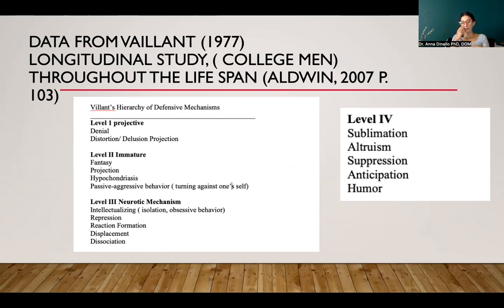And then when we look at level 4, we're looking at things like sublimation, altruism, suppression, anticipation, and humor. Sublimation is one's ability to channel raw id energy, impulse, into something productive. So let's say you grew up in a family where you were beaten a lot by older brothers against your will, and you really had to toughen up. If someone was upset, they punched you.